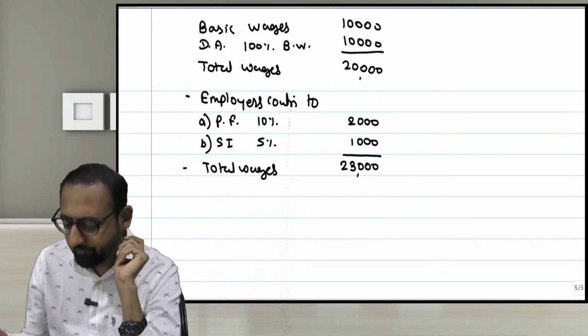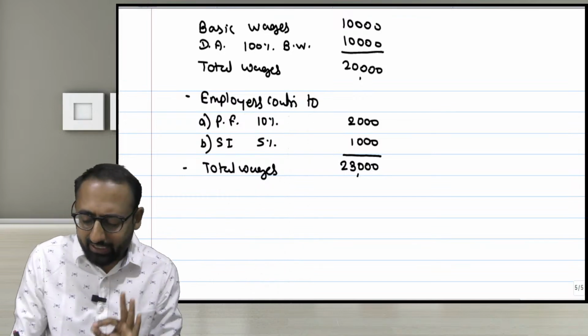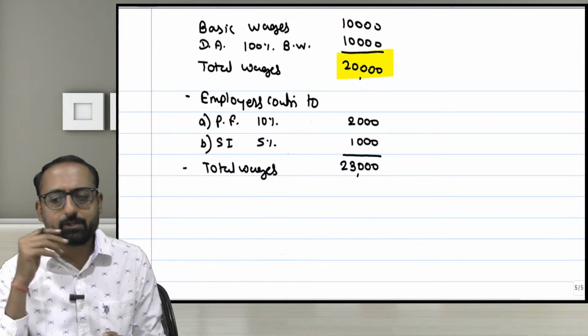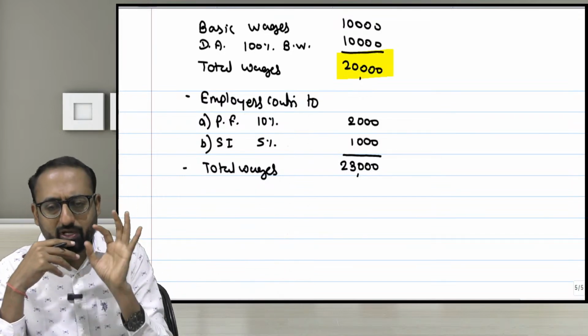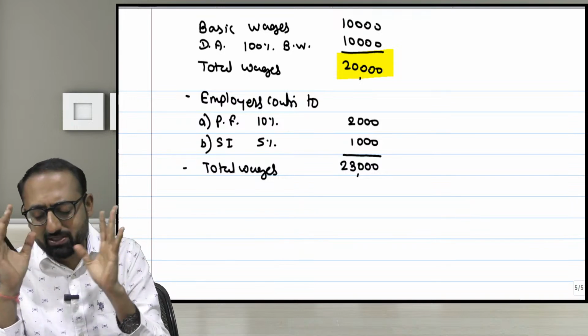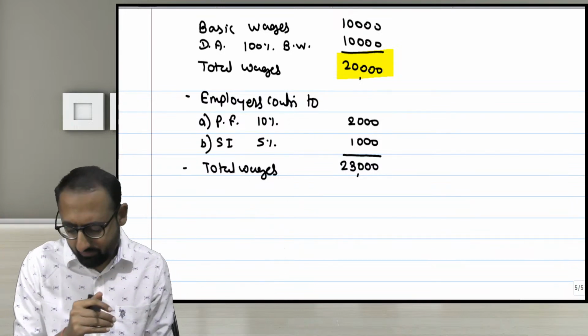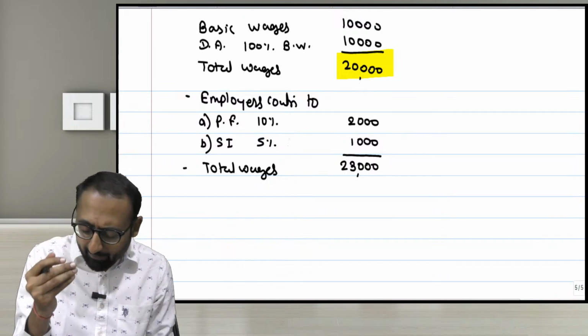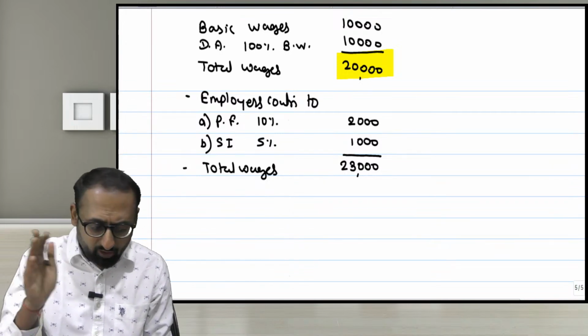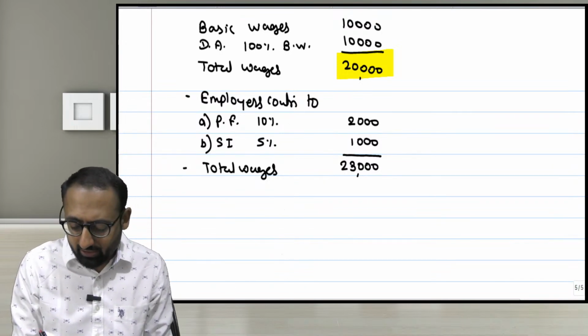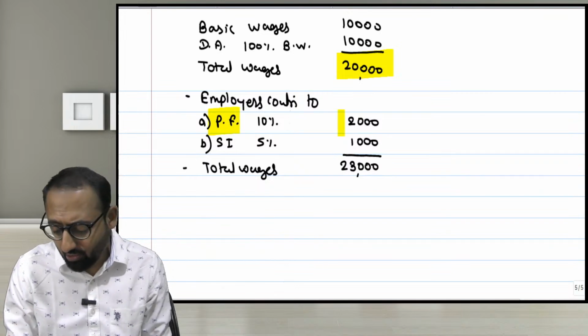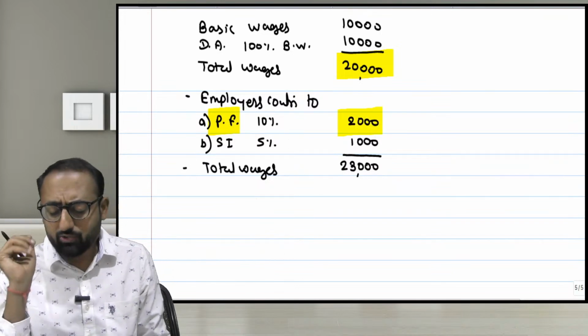Okay? Worker in cash will get 20,000 immediately, and on behalf of the worker, that employer is contributing in the government account, that is provident fund account, 2,000 rupees.